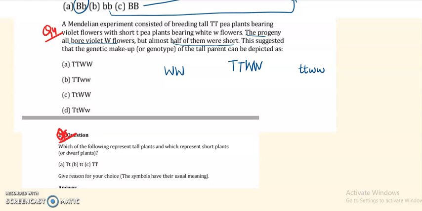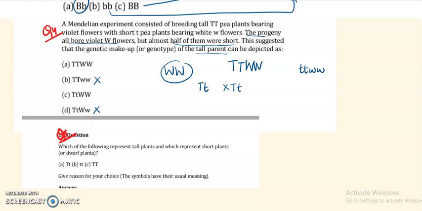So for short, we would consider this genotype, because when this is crossed with this, some of them will be short, right? So in this case, definitely this should be the genotype of the tall parent, because a tall parent will have both the alleles, as we are talking about both the characters. So this will never be the answer. This also will never be the answer.